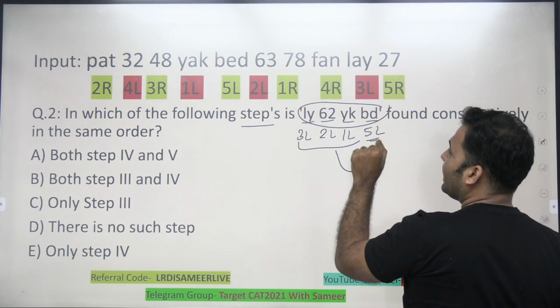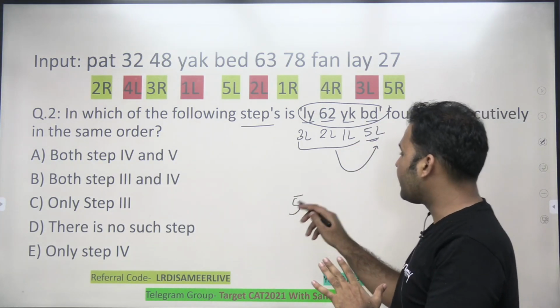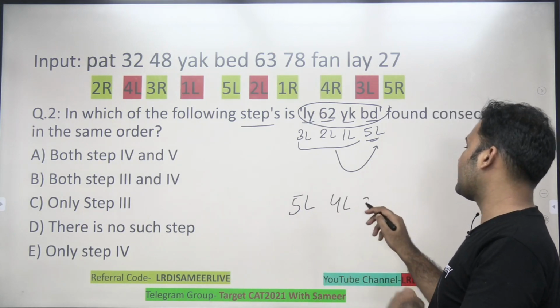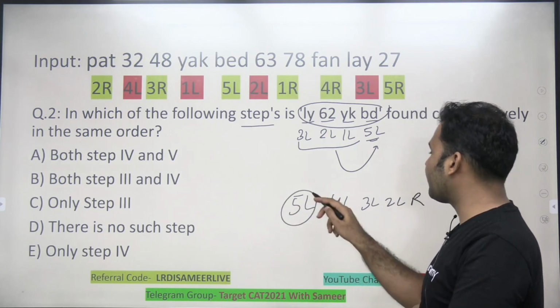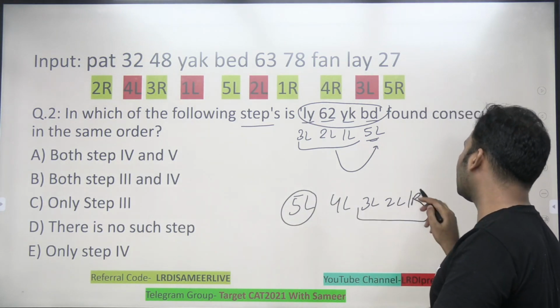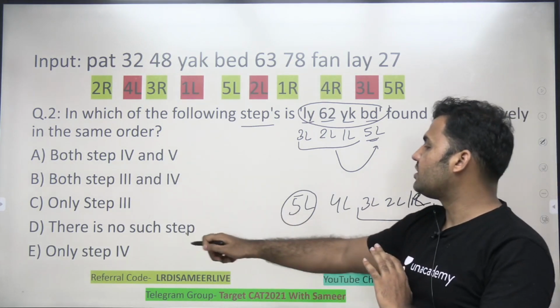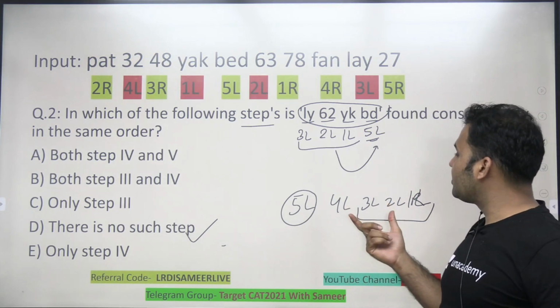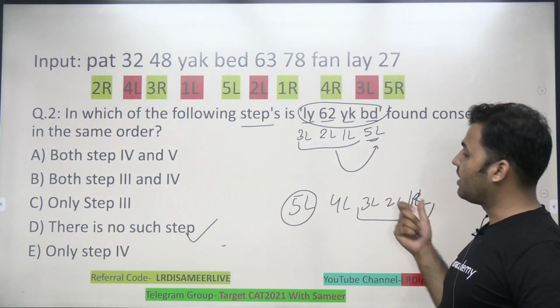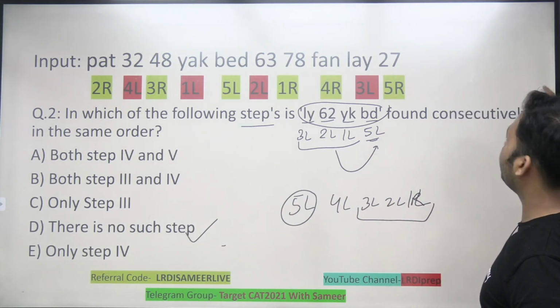When arranging the elements, the pattern would be 4L, 5L, 4L, 3L, 2L, and 1L. So there's no way the 5L element will be positioned with all these elements. Straight away you can answer that there is no such step where all these elements will be together. The elements that can be together are 4L, 3L, 2L, and 1L. 5L cannot be positioned with these three elements.